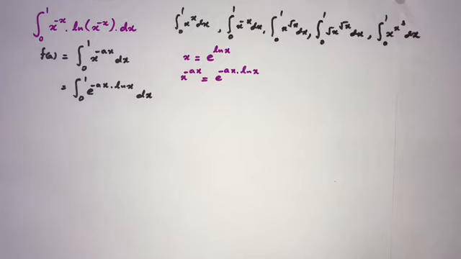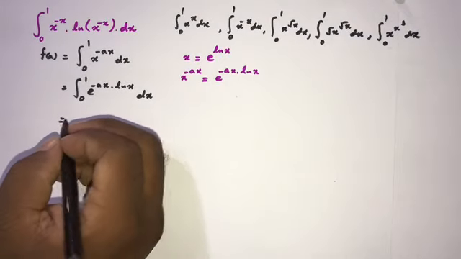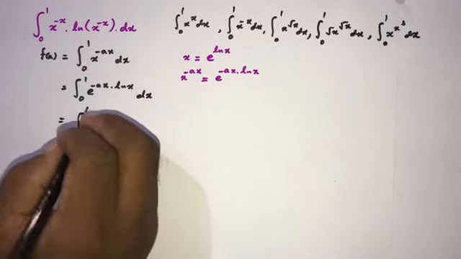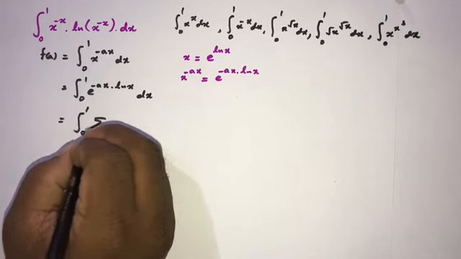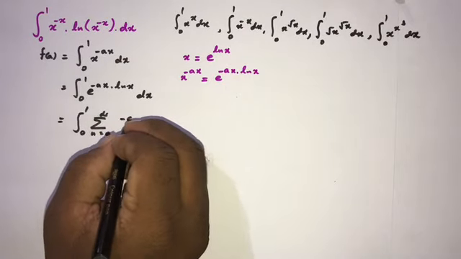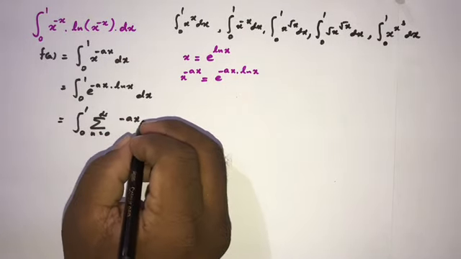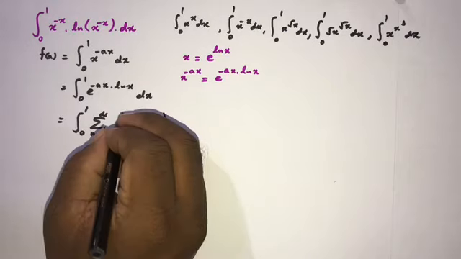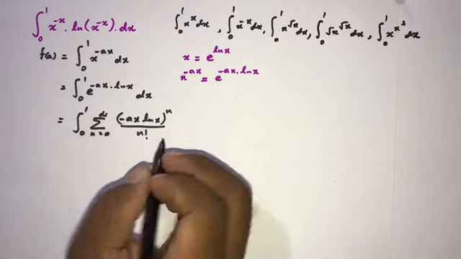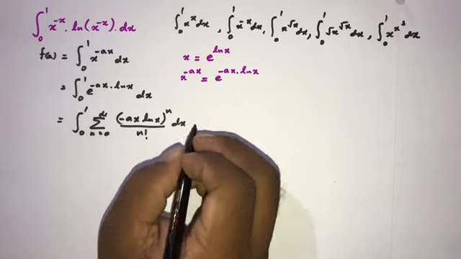Okay, then we can use an infinite sum. So we can write the integral from 0 to 1 of the infinite sum, n equals 0 to infinity, of minus ax times natural log of x to the n power over n factorial dx.